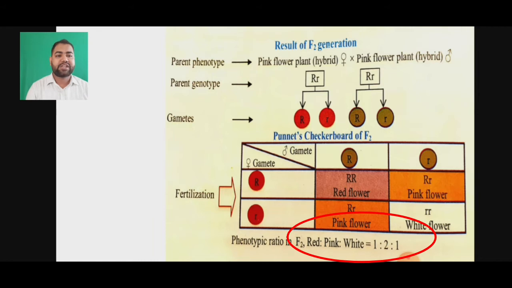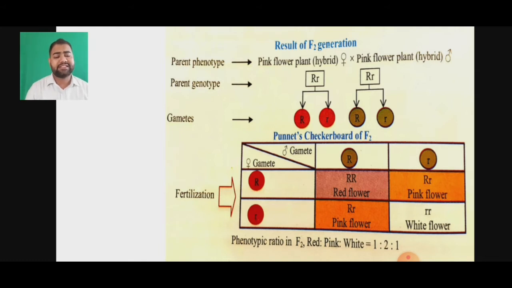Here is the F2 generation of this cross. The pink flower plant is a hybrid plant. The genotype of this plant is capital R, small r, and the gametes are capital R, small r, capital R and small r. Here the result of the F2 generation is shown in the Punnett square, and we show the result here: one red flower is produced, two pink flowers are produced, and one white flower is produced.